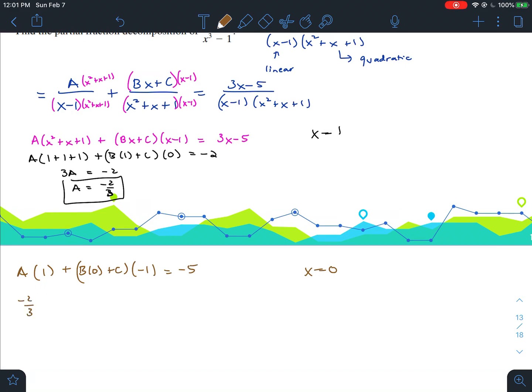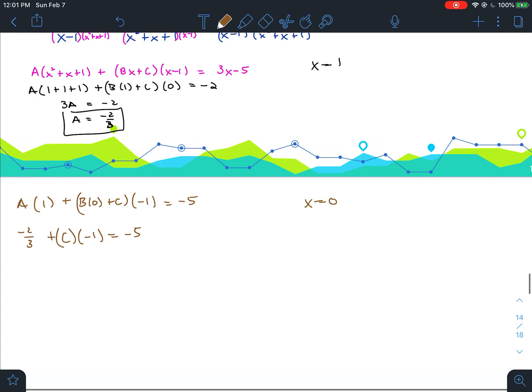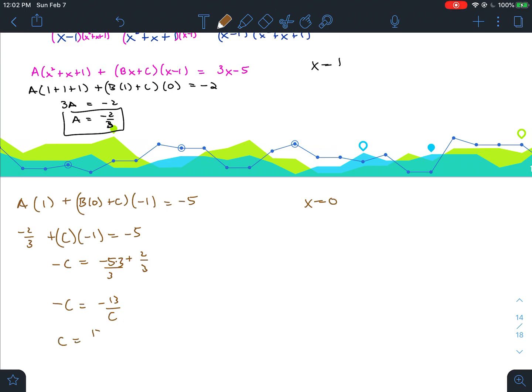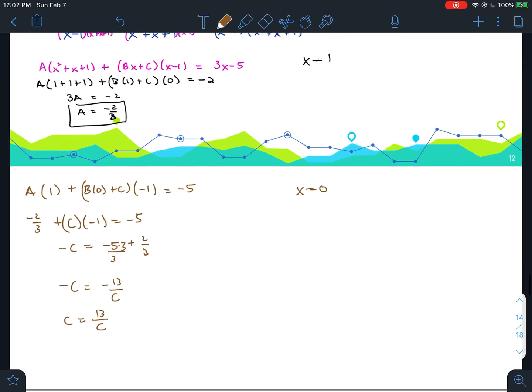Well, we know A is negative 2/3, so negative 2/3 plus C times negative 1 is going to equal negative 5. So I'm going to add that 2/3 over. So I have negative C equals negative 5/3 plus 2/3. So we'll get a common denominator, so negative 15/3 plus 2/3, which is negative 13/3. So C is going to be 13/3.